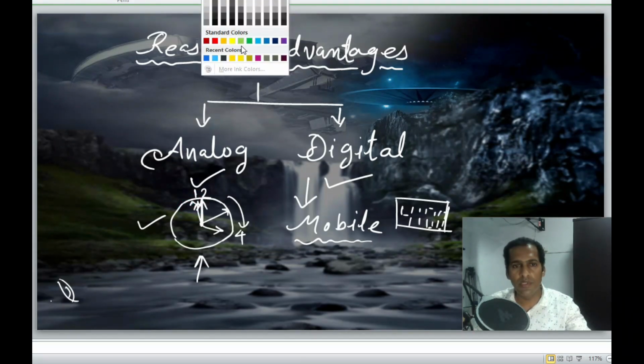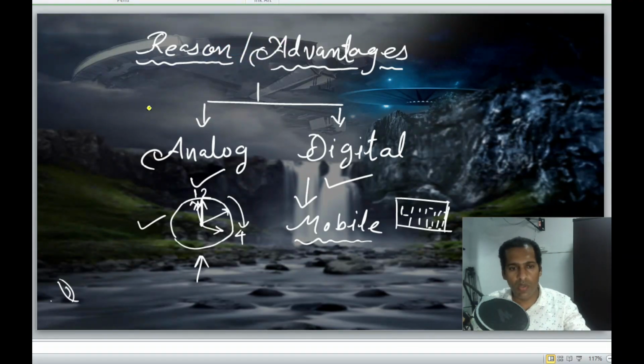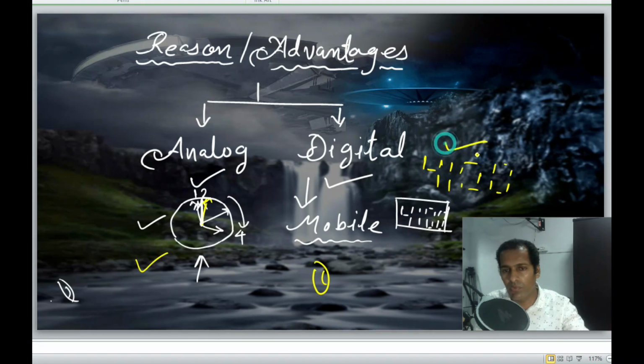They may feel that now 3:59 is the time. Or if someone watches from another corner, they may feel that now the time is 4 o'clock and 1 minute past. So there may be some human eye error in an analog system. But in a digital system, whether you see from the front or any other angle or corner, you can see exactly 4 o'clock, because these are digital numbers. So this is one example.